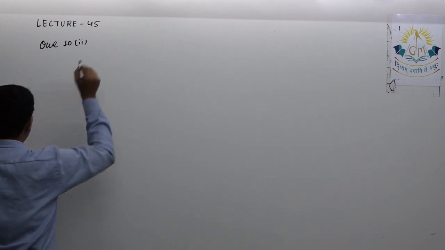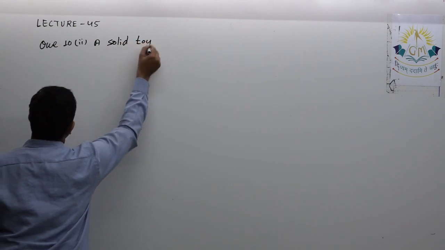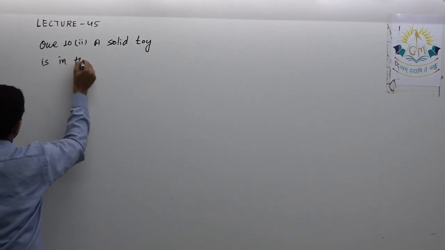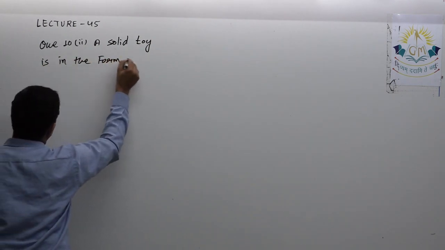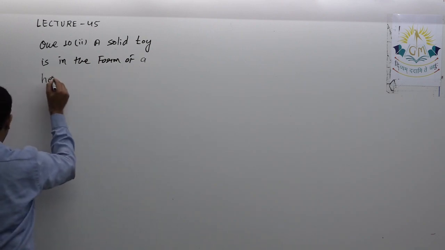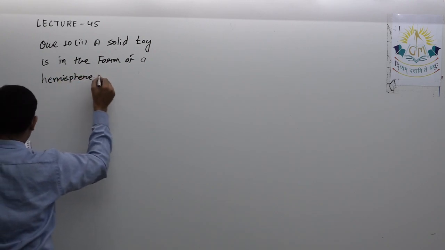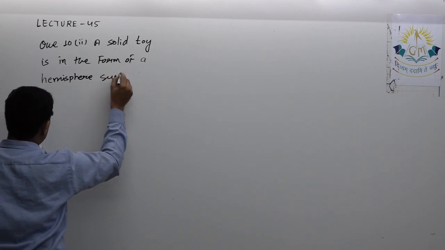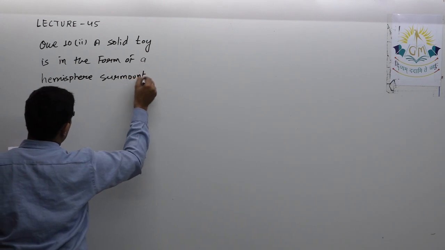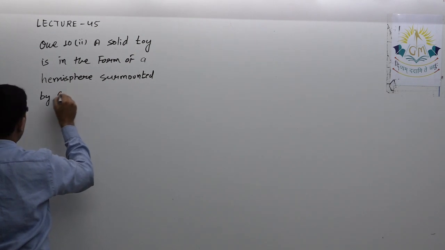A solid toy is in the form of a hemisphere surmounted by a right circular cone.